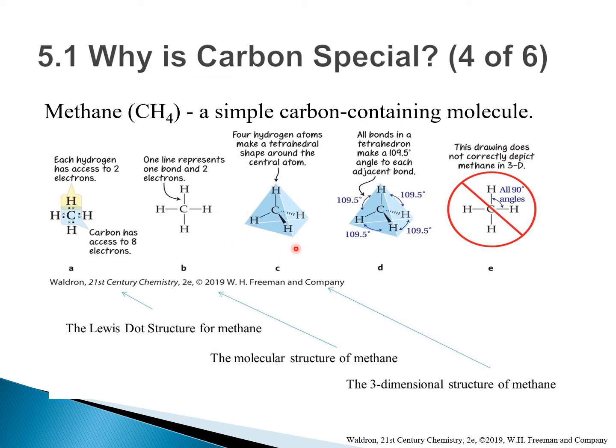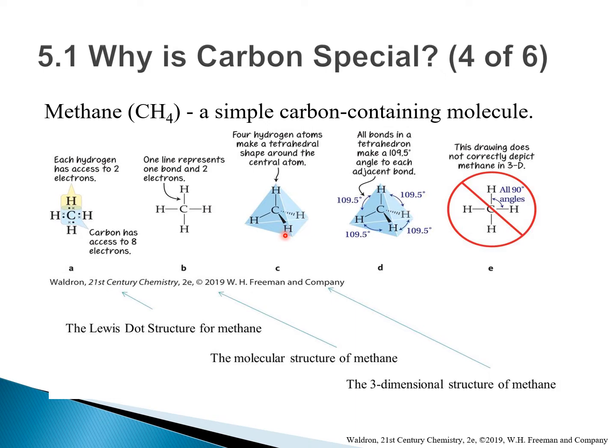In picture C, the 4 hydrogen atoms make a tetrahedral shape around the central atom. The 2 hydrogens, these 2, are on the line, on the same plane as the carbon atom. The hydrogen atom on the wedge is pointing towards you, the viewer.